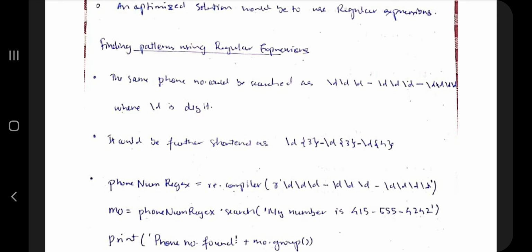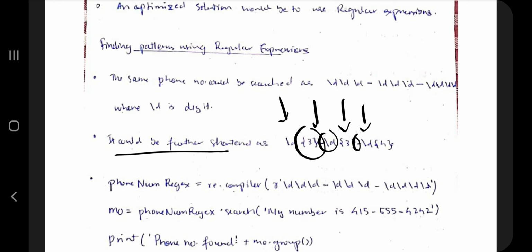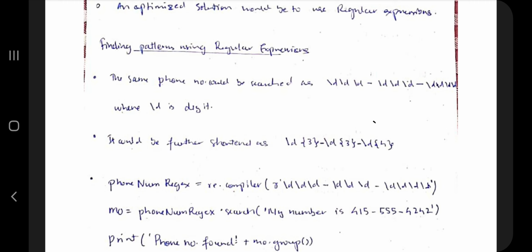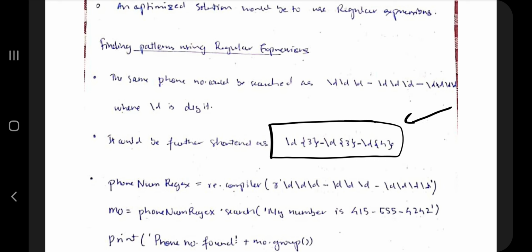It can be further shortened as \d with 3 in curly braces, followed by a hyphen, then \d with 3 in curly braces, a hyphen, and \d with 4 in curly braces. This is known as a regular expression, and whichever text satisfies the criteria of this regular expression can be said to be a phone number.